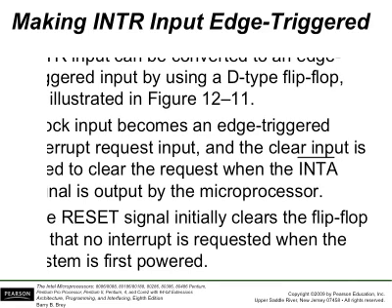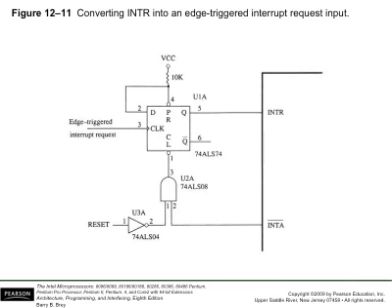We can use the D flip-flop to convert edge-triggered input to the level signal required by the interrupt pin. In this design, we have a D flip-flop, and we have the edge trigger interrupt request.